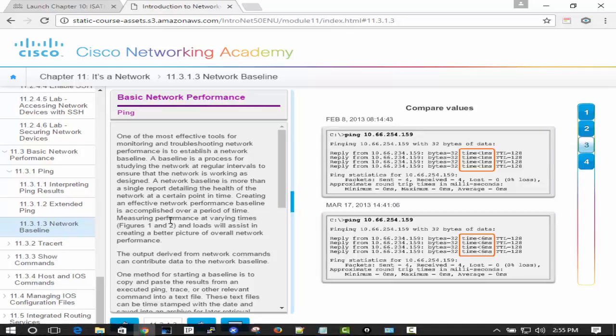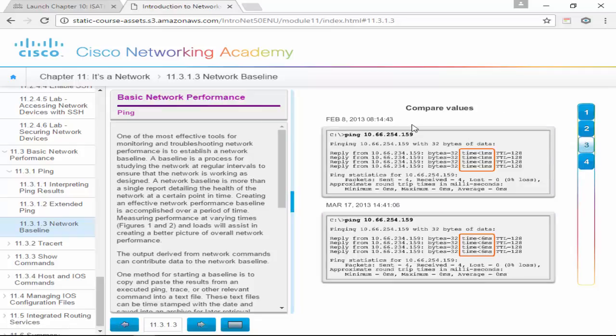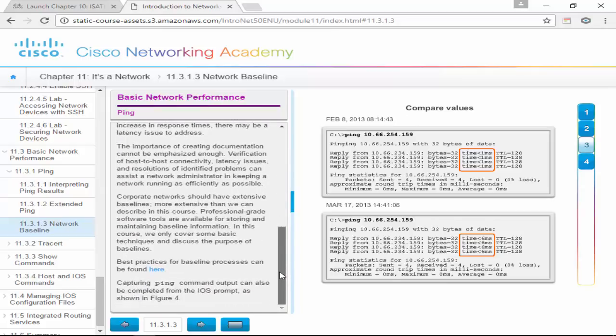What it's doing is we're running it when we first set up our network, probably when there's not a lot on, to see if we're going at a different time. It shows us how much latency is put on our network at different times. So the baseline is what we're going to measure performance with. Okay, so that's that.